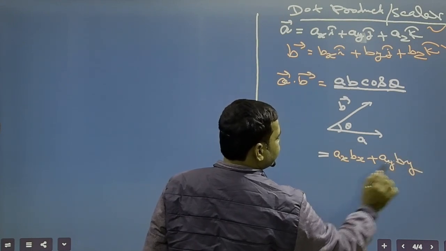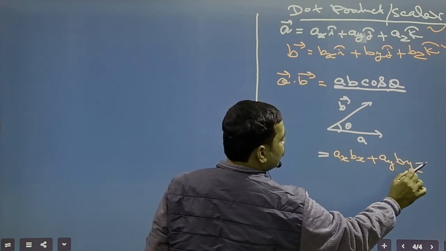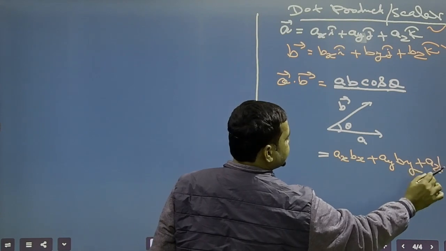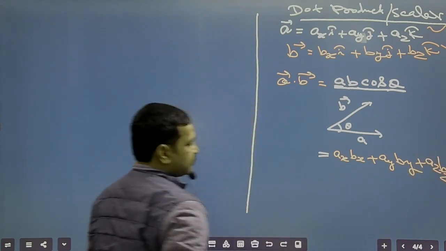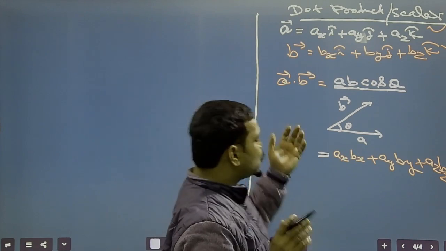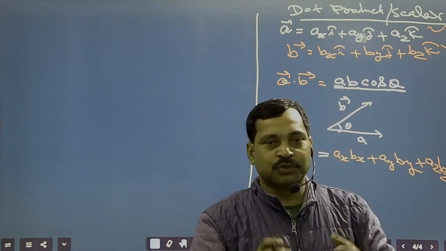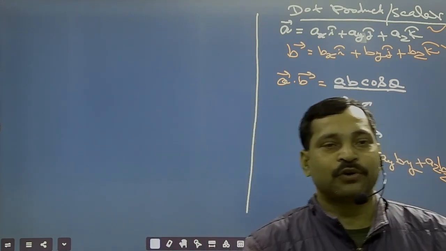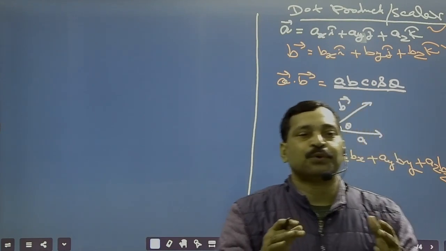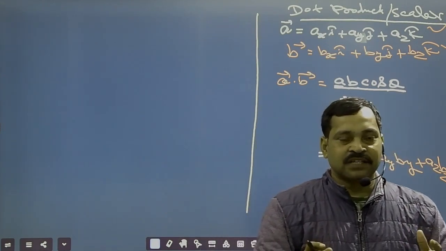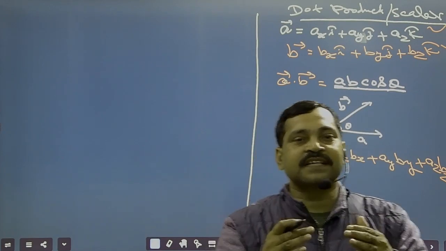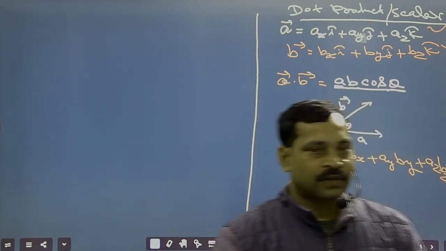So we'll be getting ax bx plus ay by plus az bz, right? So these are the two different methods to find out the value of the dot product of two vectors. Now we'll be discussing its applications or properties.